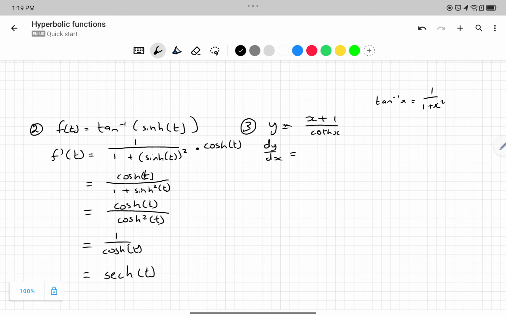So with the quotient rule, what we do is we derive the top first, which is going to give us 1, then we multiply by the bottom, subtract, keep the top the same, and then derive the bottom, which is going to be negative hyperbolic cosecant squared x, all over hyperbolic cot x squared.